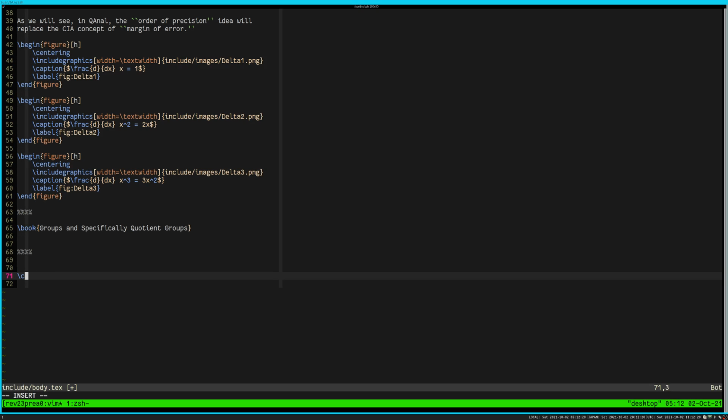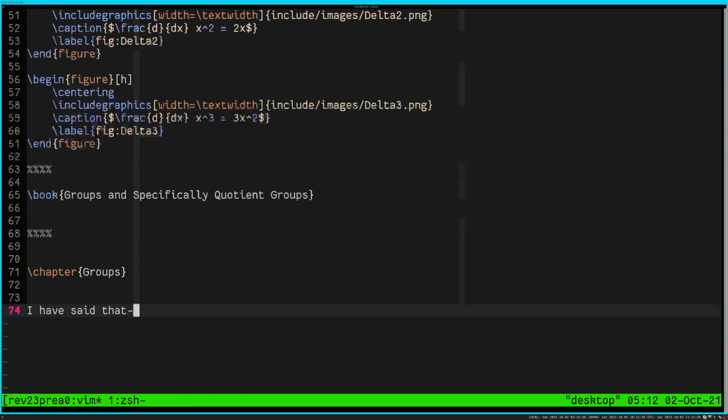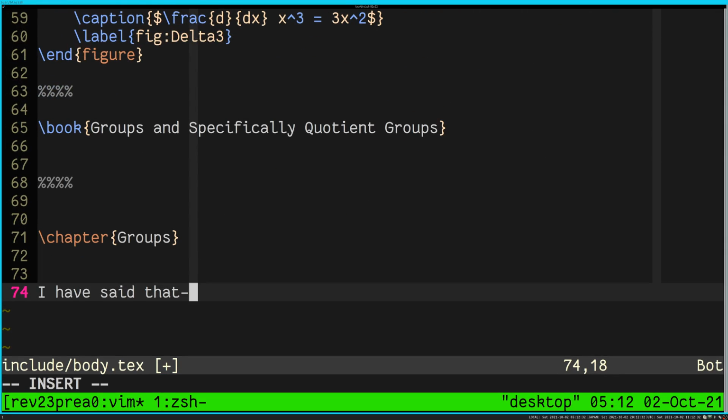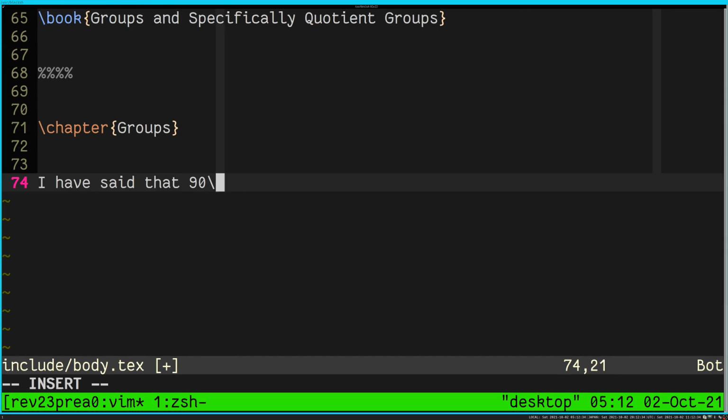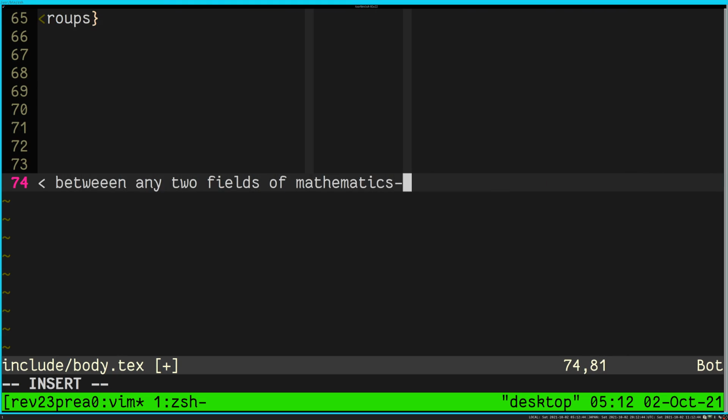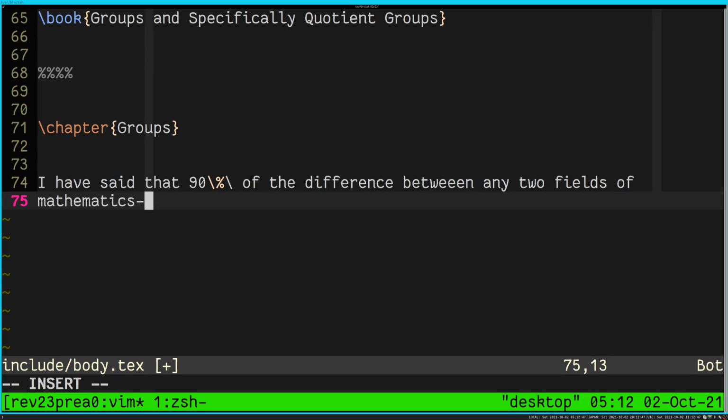Chapter: Groups. I have said that 90% of the difference between any two fields of mathematics is in their definition of equals.